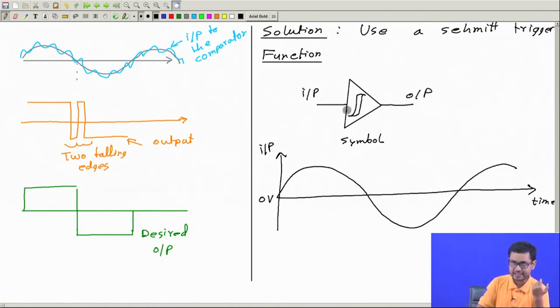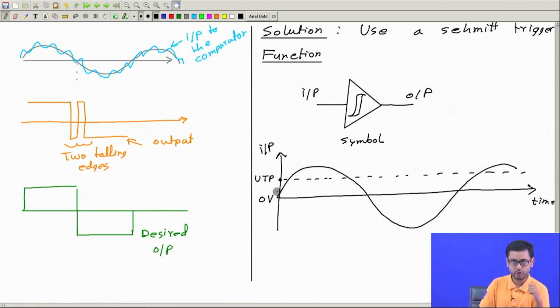A Schmitt trigger has two voltage levels defined as the upper trigger point and the lower trigger point. So, this voltage level, maybe 1 volt, 2 volt, some voltage level, acts as the upper trigger point.